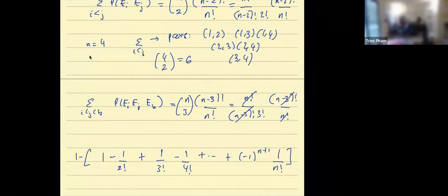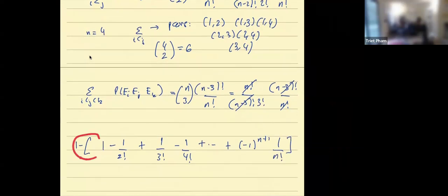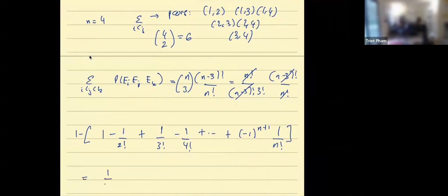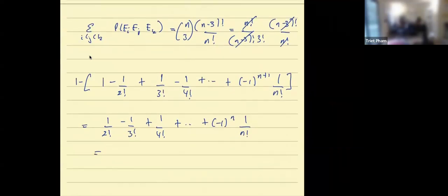But of course, the cancellation here would go 1 over 2 factorial, and so on. And the last term is minus 1 to the n over n factorial. And this exactly is the probability that no one gets the right hat.